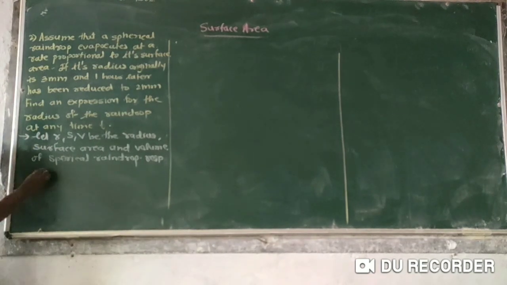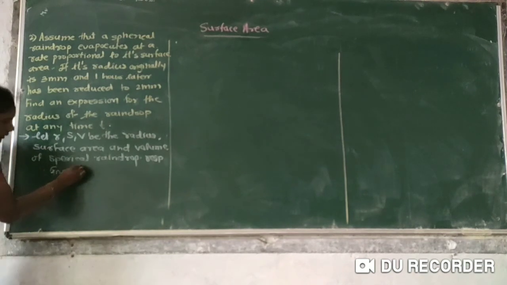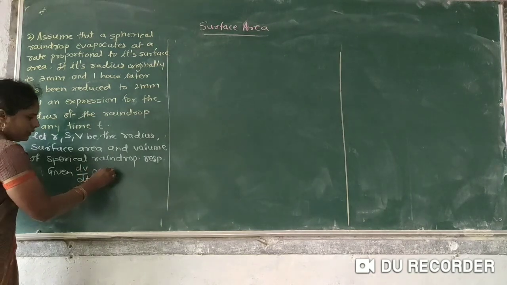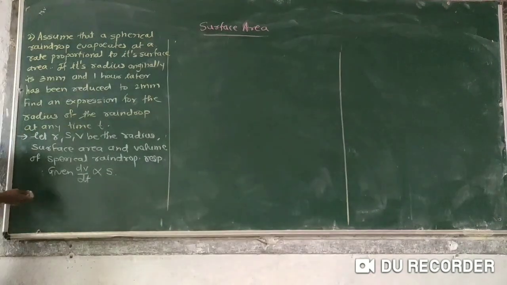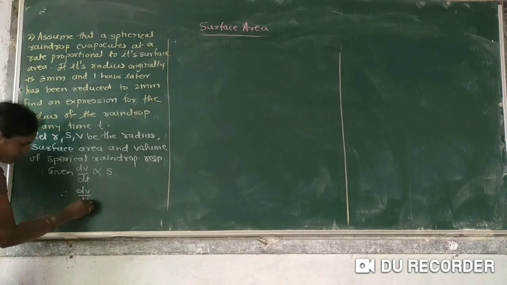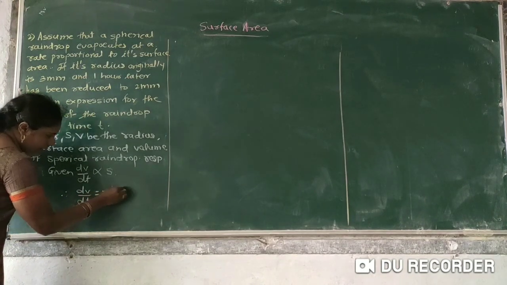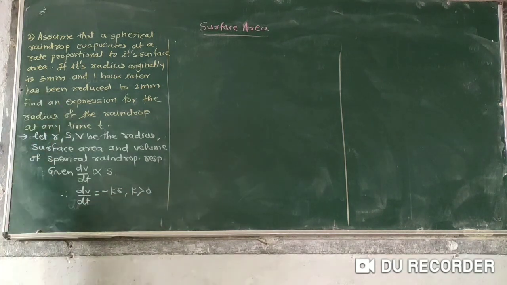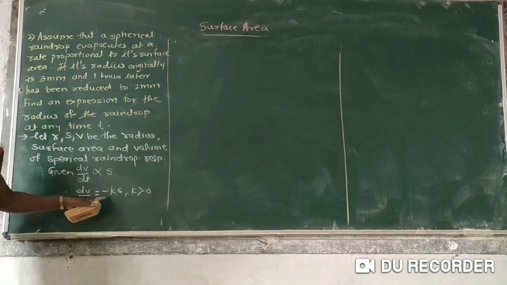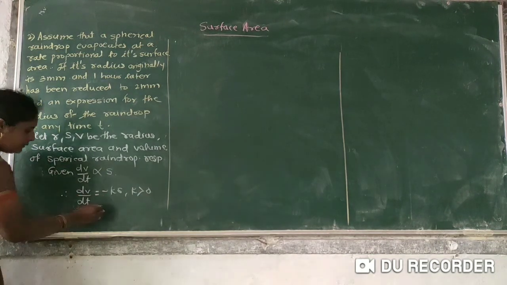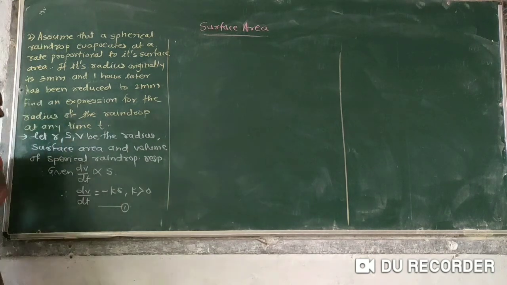Therefore we get dV/dt is proportional to S. Taking the proportionality constant, we get dV/dt = -k S, where k is greater than 0. The volume of the raindrop is decreasing, therefore we take the minus sign. Suppose this is equation 1.